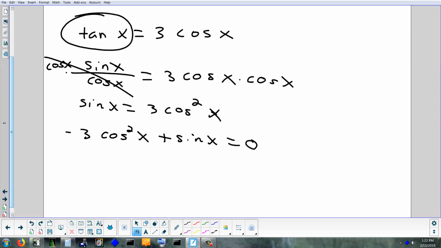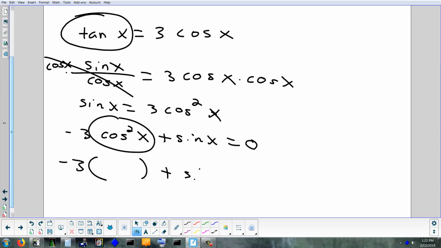Change the what? Cosine squared. Squared, yes. The trick is to remember you always substitute for the squared one. That's why I want you to say squared. Wherever a term is squared, change that.